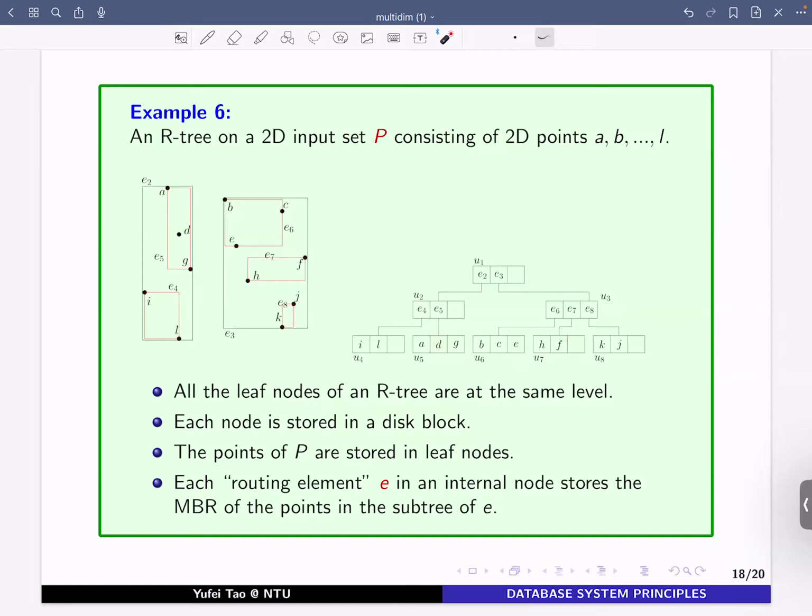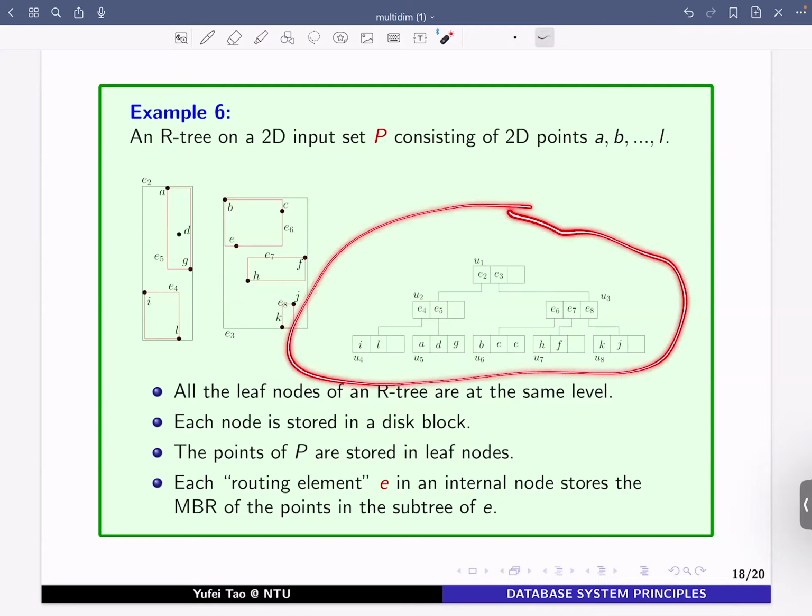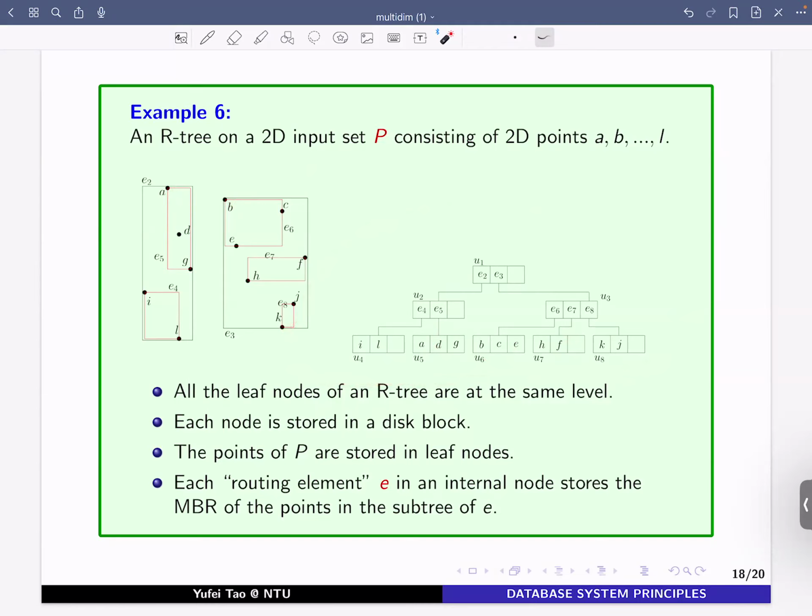No, you have 12 points here. Okay. You got 12 points, so they are A, B, C, all the way to L. Okay. All right. Now this shows you the tree. Okay. It looks like a B tree, but it's not a B tree. So let's look at the leaf nodes. You got leaf nodes U4, U5, U6, U7, and U8.